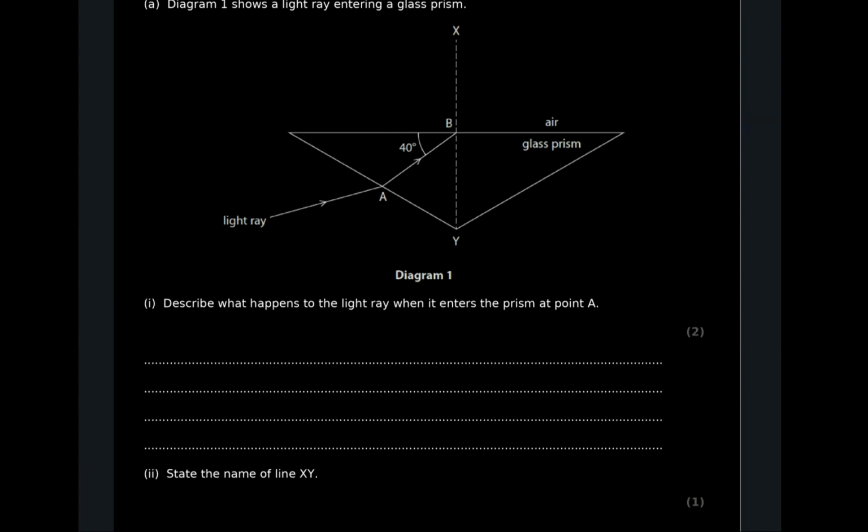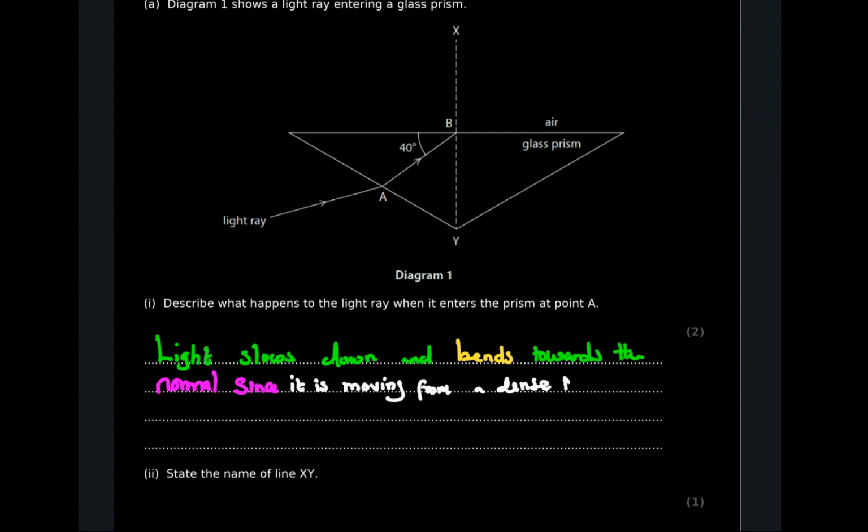The speed of light is going to slow down, and then the ray bends towards the normal. That's why refraction takes place. Light slows down and bends towards the normal. And the reason is it's moving from a less dense medium to a dense medium.